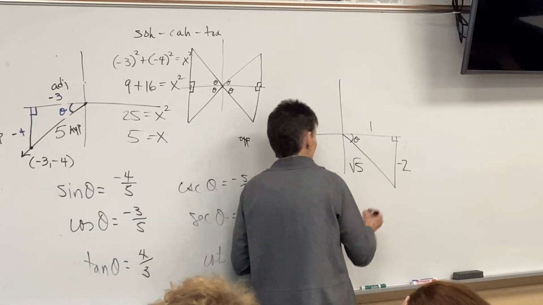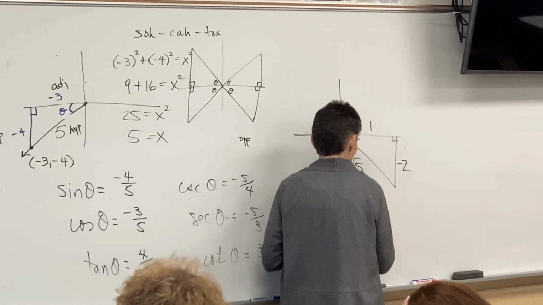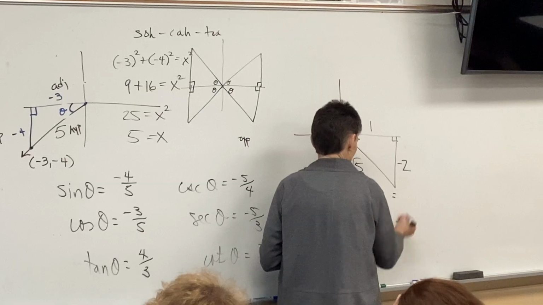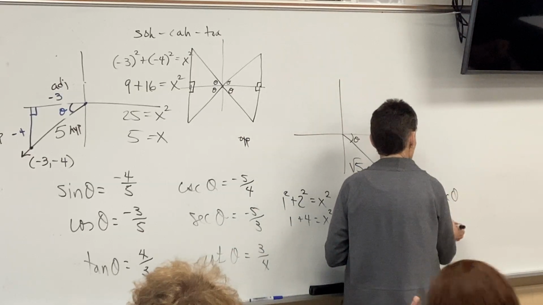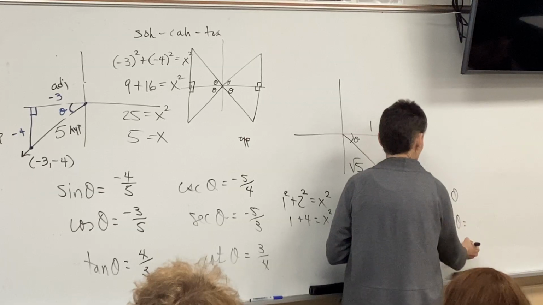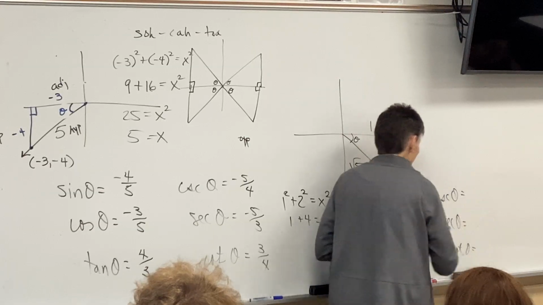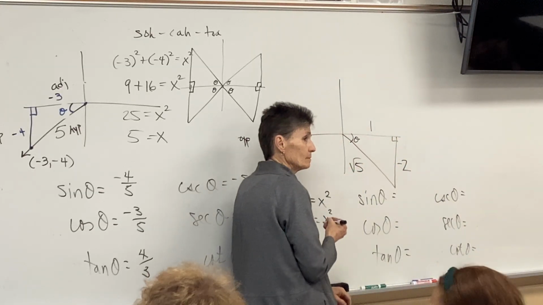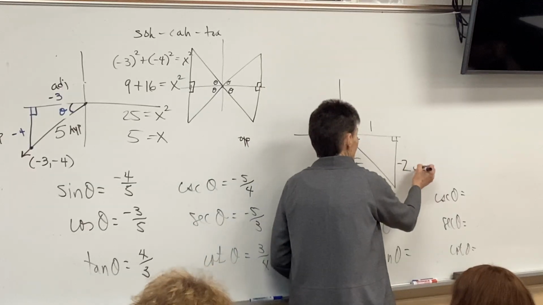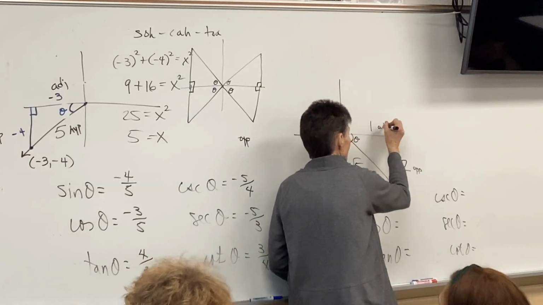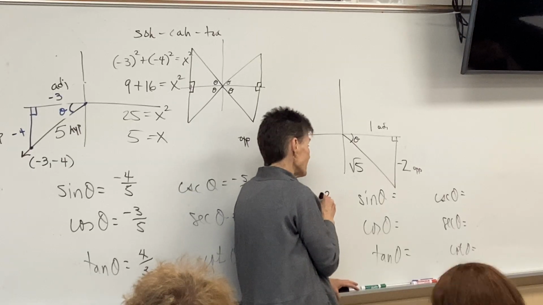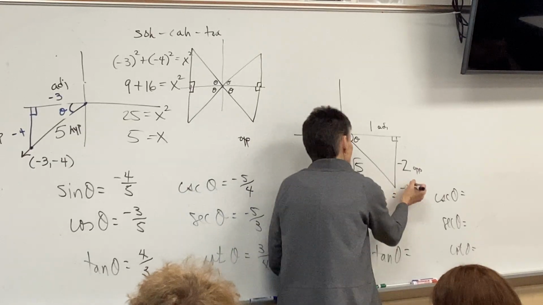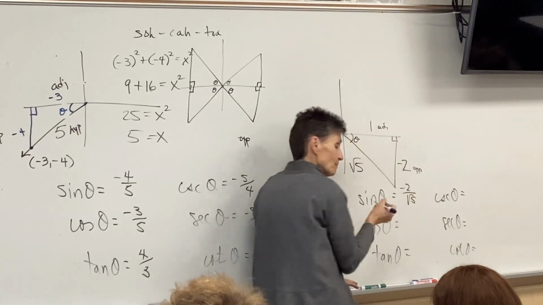Okay, so I need the sine, cosine, tangent, cosecant, secant, and cotangent. You guys probably already have these filled in. -2 is my opposite side, agree? So sine is -2 over root 5.